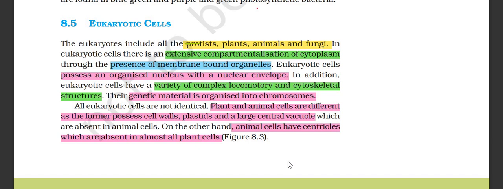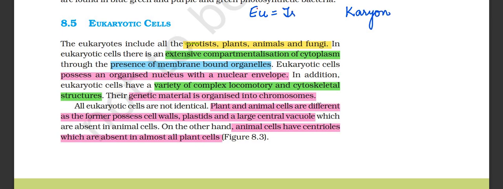Today's topic is eukaryotic cell. What are eukaryotic cells? So, you know that eu means, when we are talking about eukaryotes, we are dividing it into the terms eu and karyon.